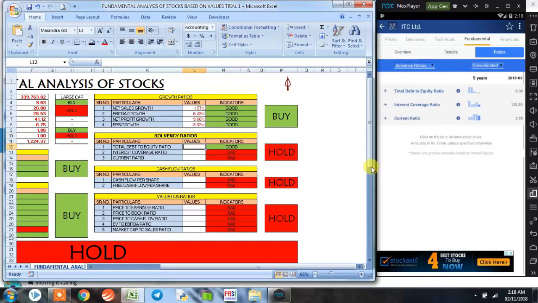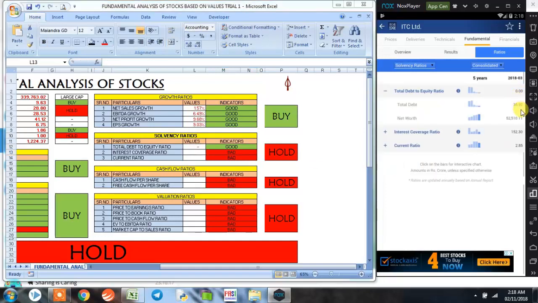Now coming on to solvency ratio, the most important ratio in shortlisting any stock. The first is total debt to equity ratio, which is 0. Now when we click on 0, we get to know that the total debt of the company is 35.92 crores, whereas the net worth of the company is 52,510.11 crores. Now coming on to interest coverage ratio, which is 152.3.